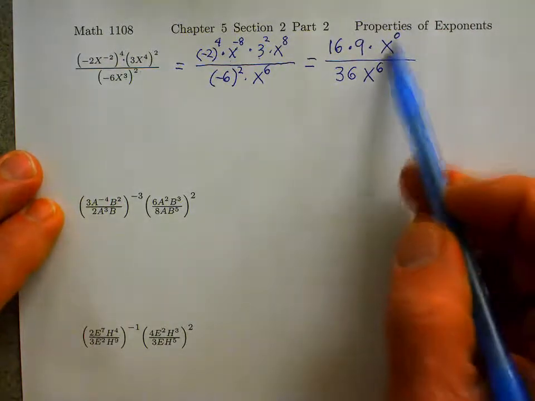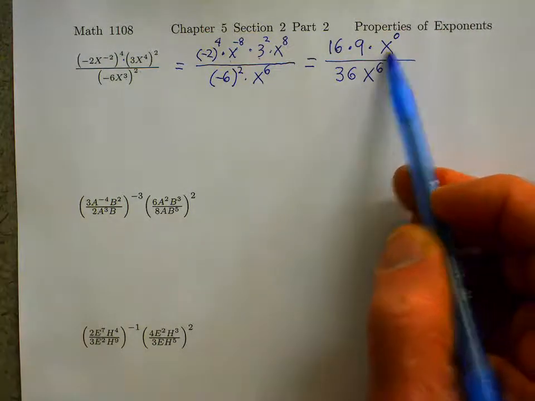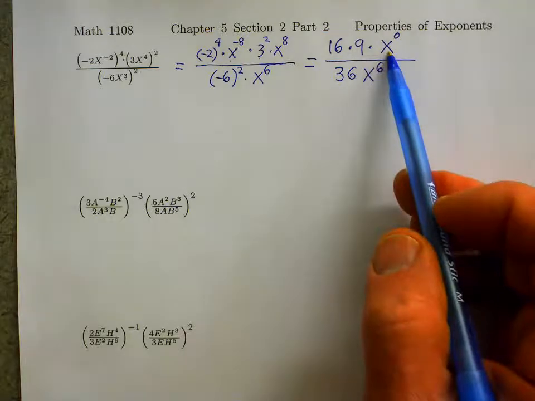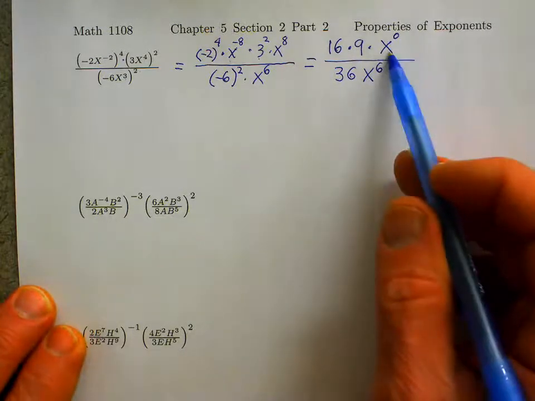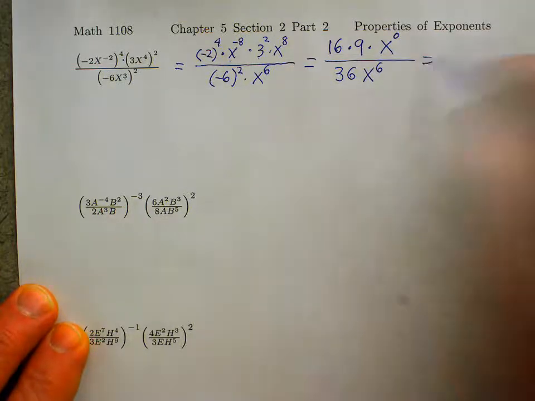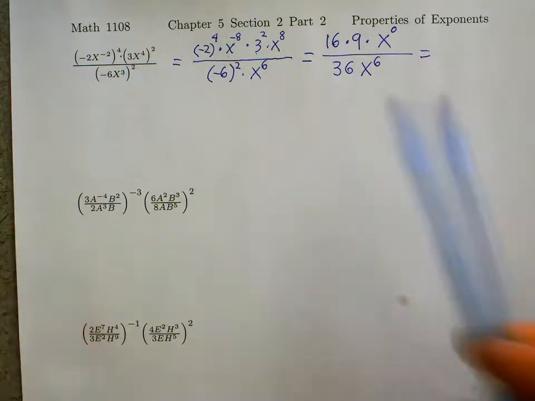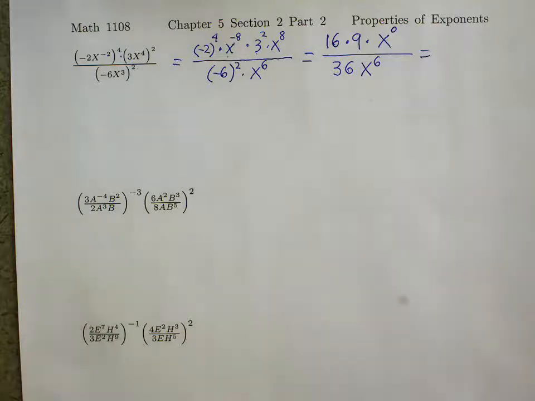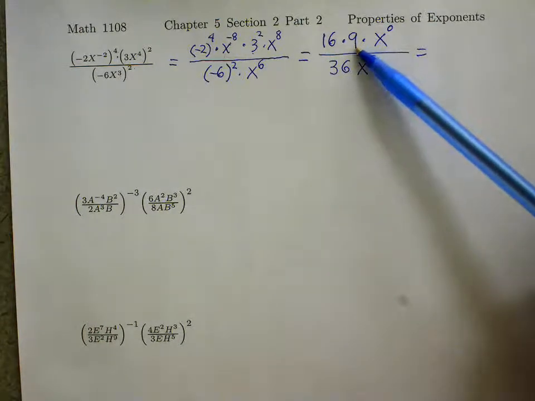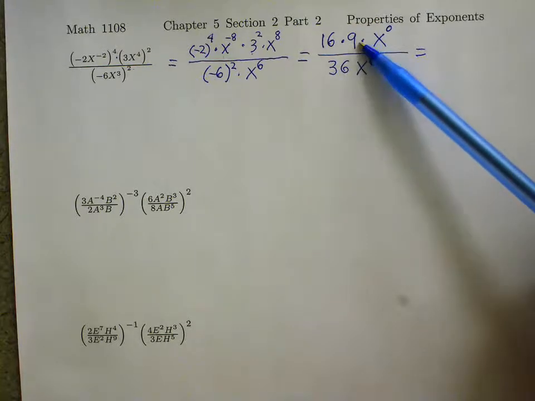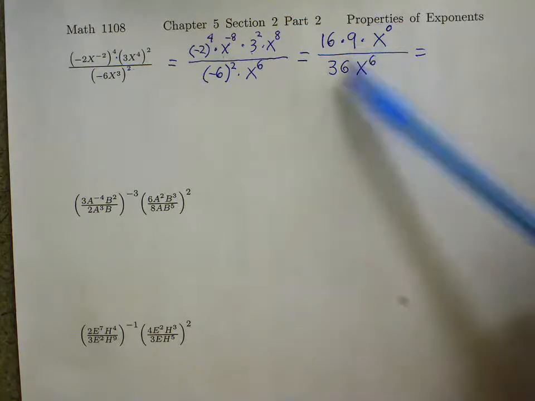X to the 0 is 1. We're assuming x is non-zero, so x to the 0 is 1. And you can simplify the numerical parts in a couple of ways. 16 times 9 is 144, and 144 divided by 36 is 4.